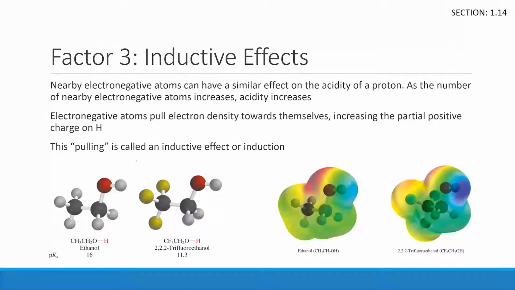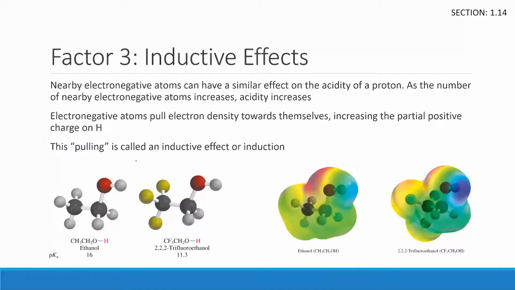Okay, another rule and factor to keep in mind is called the inductive effect. And this has to do with the electronegativity of atoms that are not necessarily connected to the proton, but they have an effect on the acidity of that proton. So as nearby electronegative atoms increase, the acidity also increases.